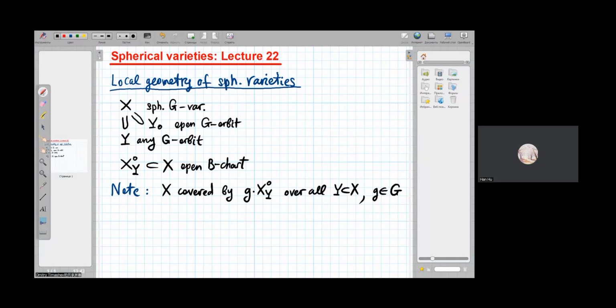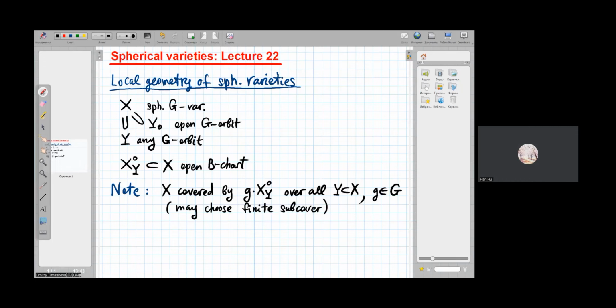And of course, we may choose a finite subcover of these open affine subsets by the Noetherian property of the Zariski topology.